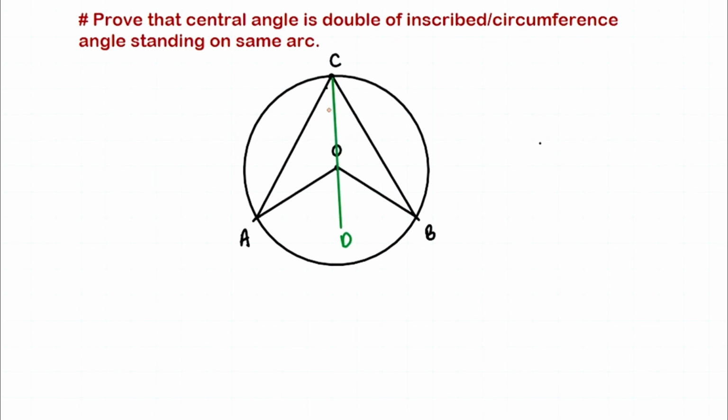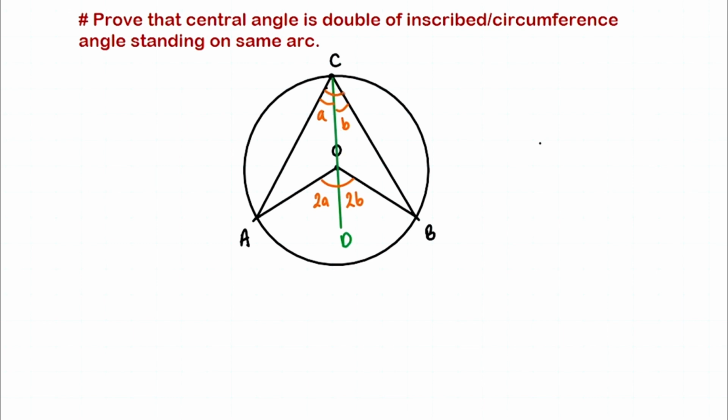Now, the way we are going to prove this theorem is we are going to assume this angle as A, and this angle as B. If we can prove that this angle over here is 2A and this one is 2B, then our theorem is proved.